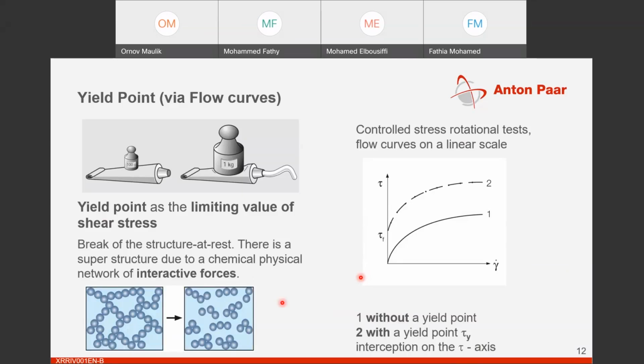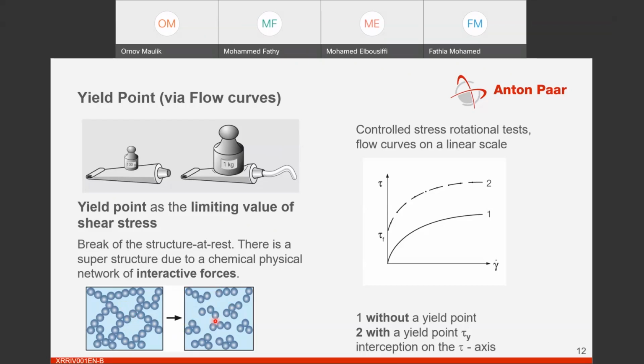Now, here you can see an image of a microstructure. Most solids have a structure like this, meaning all the atoms and molecules are joined together. When we apply a certain amount of force to this structure, at a certain force the structure breaks up.